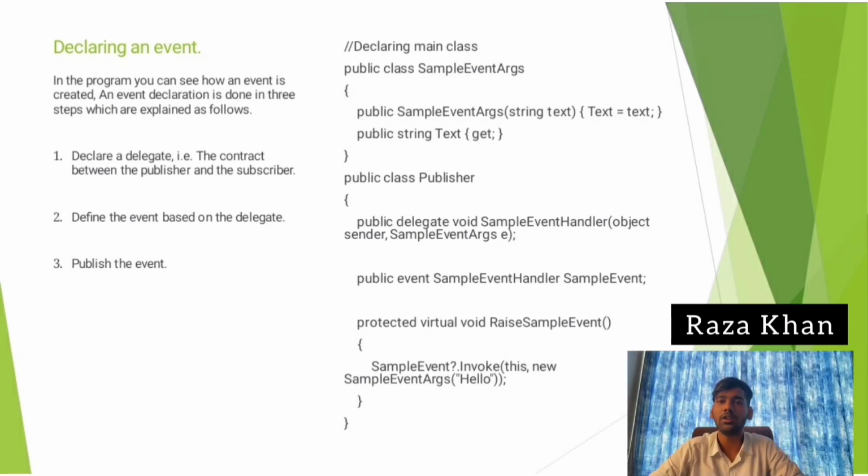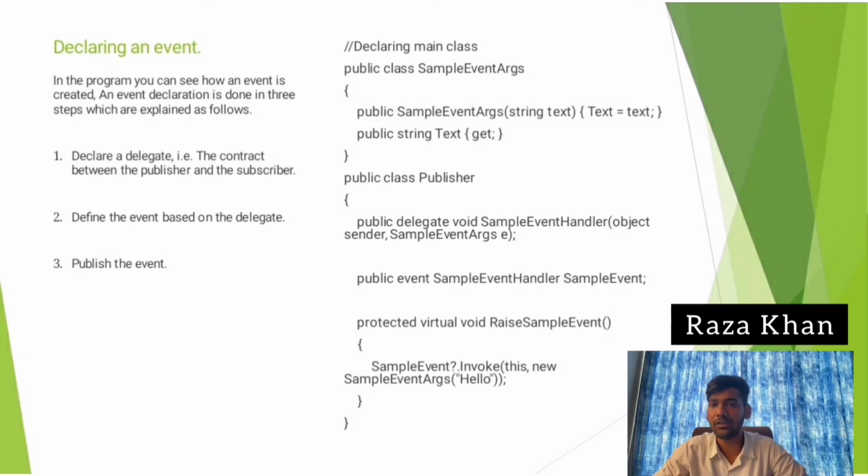To declare an event in a program, three steps are followed. First, declare a delegate. We need to create our first delegate. Then we need to create an event on that delegate. Then we need to publish the event. For creating a delegate, we use the delegate keyword. So it goes public delegate, then the name of the delegate, and we give our parentheses.